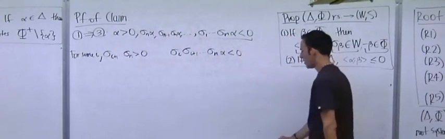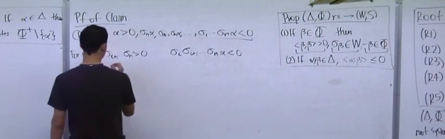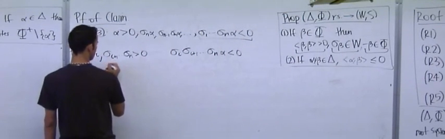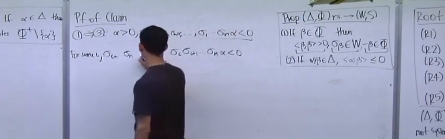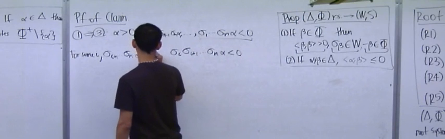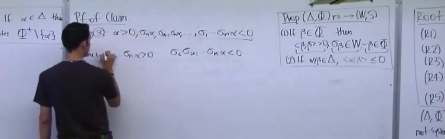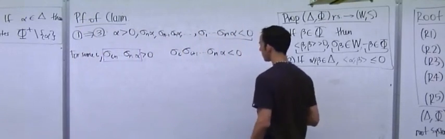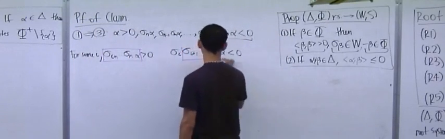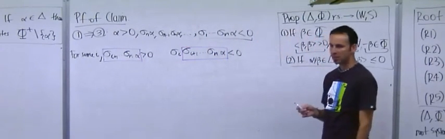But this is a setup that we like very much, sorry, I forgot the alpha also. This is a setup that we like very much because what we have here is some positive root which all of a sudden became negative when I applied sigma i to it.